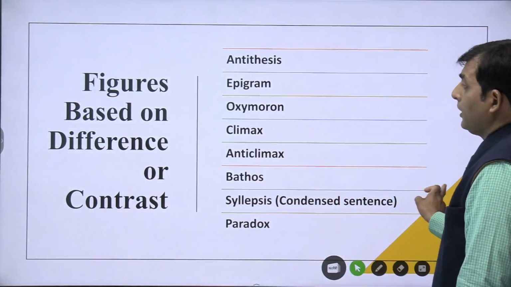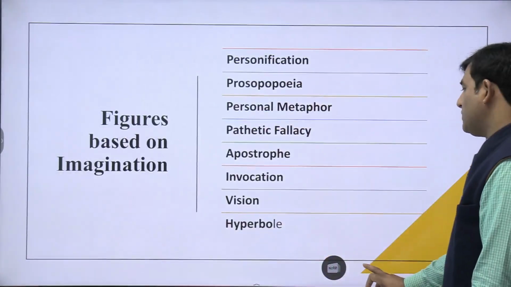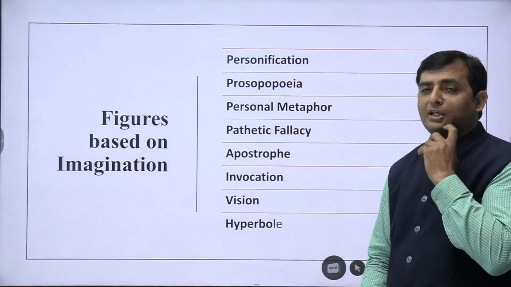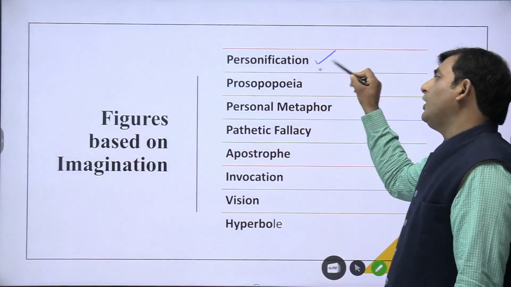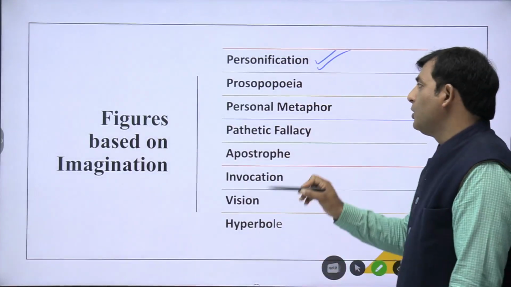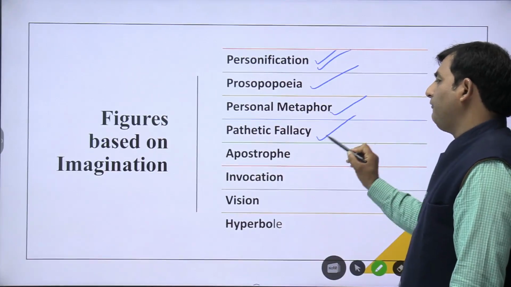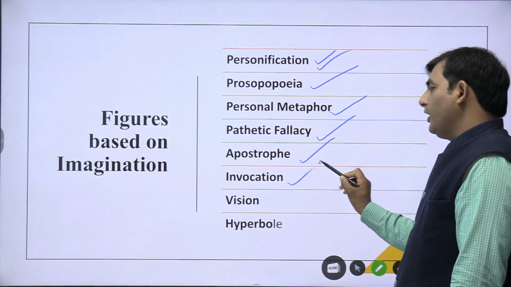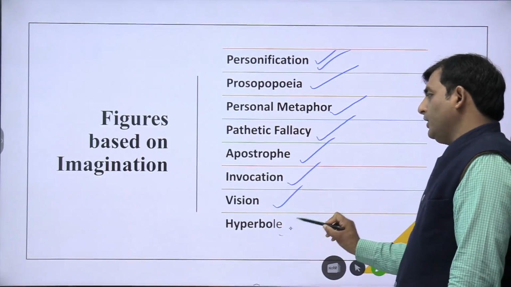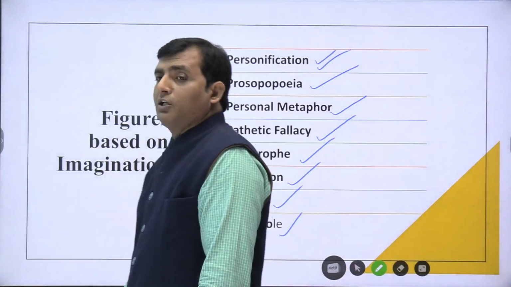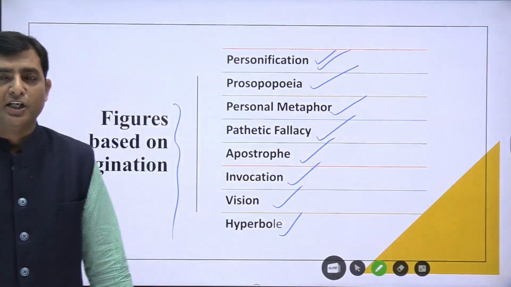And then figures based on imagination. Imagination, personification. Opportunity knocks the door but once. Prosopopoeia, personal metaphor, pathetic fallacy, epistrophe, invocation, vision, hyperbole. These are the figures of speech based on imagination. Right?